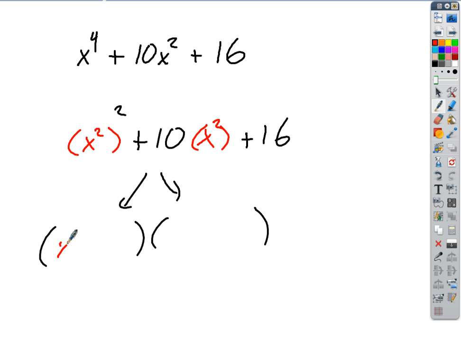So those are just x squareds. Now, what would the magic numbers be that multiply to 16 and add to 10? 8 and 2. How about that? So we got it. It's just matching that pattern.